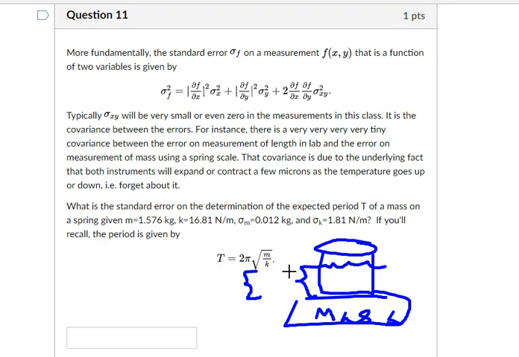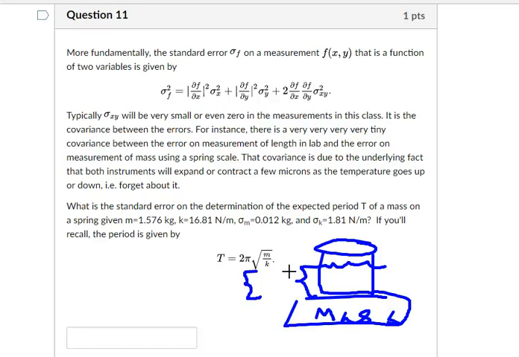Now here's an issue. The central value of the mass moves with the error on my height, doesn't it? Because if I go up, I've got more mass. If I go down, I've got less mass.